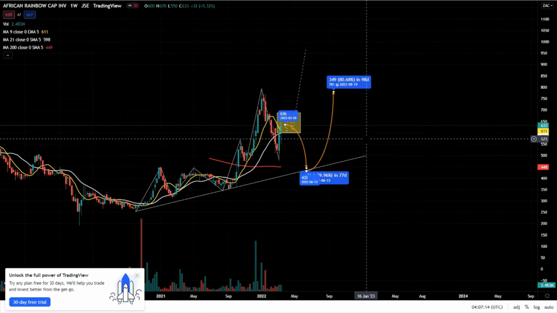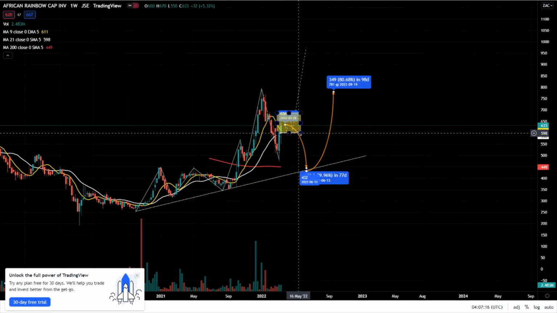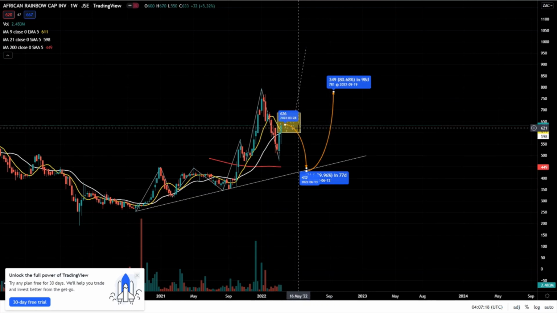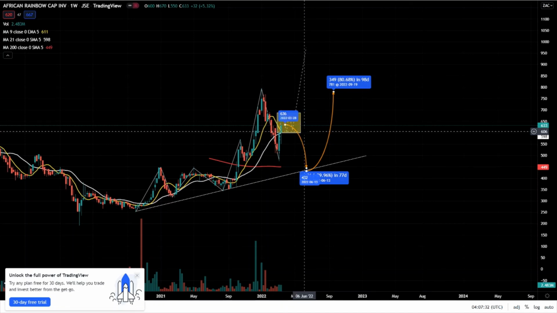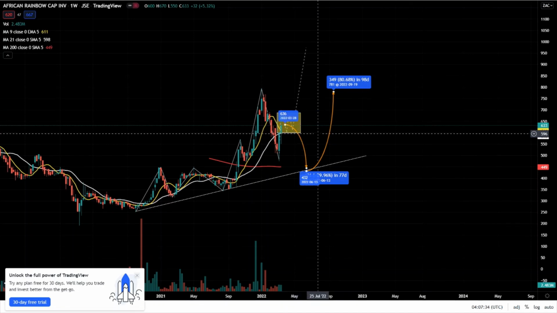So we might see a little bit of ranging, like I say, for a couple of weeks, maybe a couple of months. I'm looking at around the end of April, which is incidentally just into the next quarter. You want to be looking at, there's where the quarter is, somewhere around here.